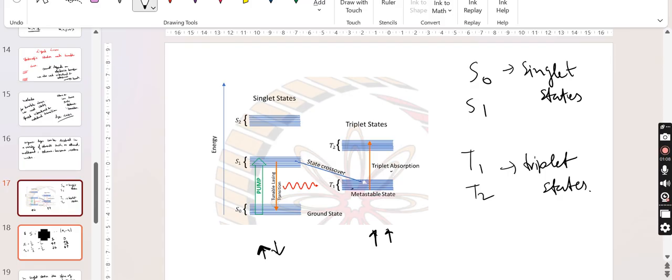But here it also acts as a con, because any energy you generate from the lasing state, the molecules at the T1 state can absorb that energy and go up to the upper triplet states.